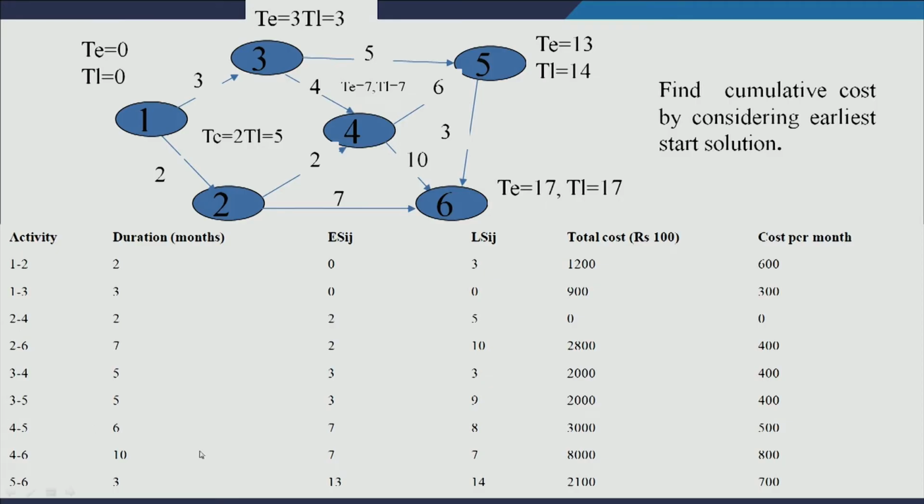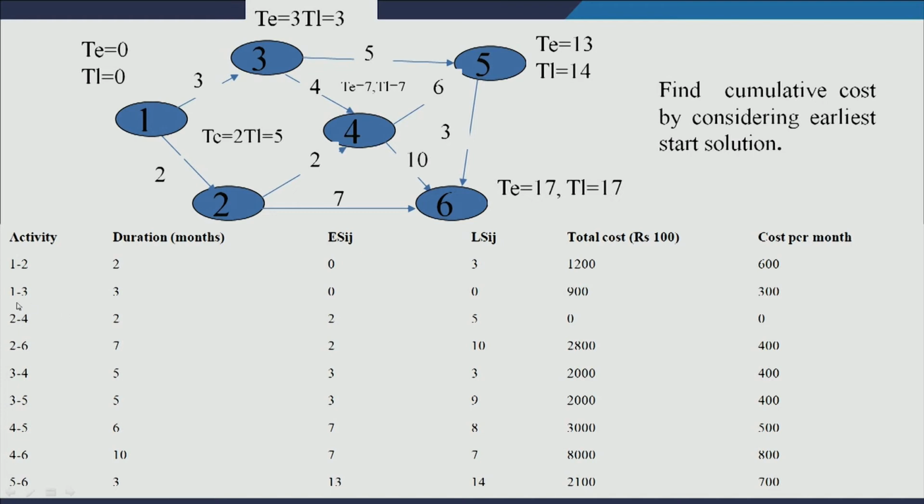Now, let us look at the cost related information here. Activity 1 2 has a total cost of rupees 1200, and its duration is 2. It means cost per month is 600. So, all these durations are in months, not in days. For activity 1 2, the total cost is 1200 and its duration is 2 months, so cost per month is 600, very simple.